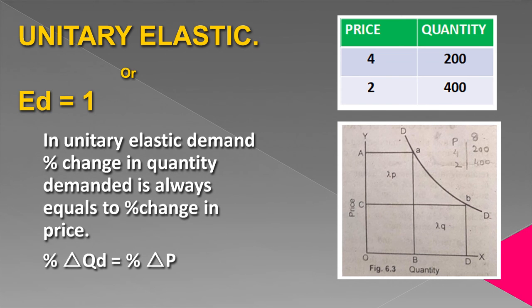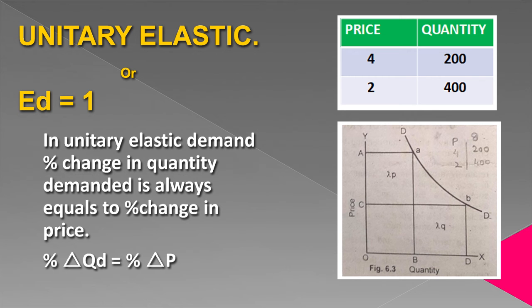Unitary elastic demand or ED equals 1. In unitary elastic demand, percentage change in quantity demanded is always equal to percentage change in price. In the table you can see price is 4, quantity demanded is 200. There is a change of 50% in price. Price reduces to 2.